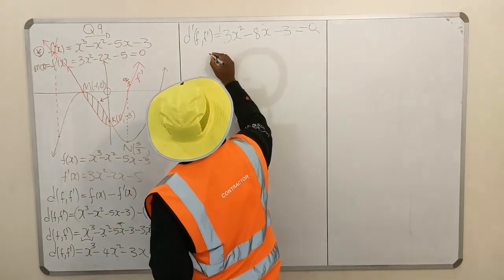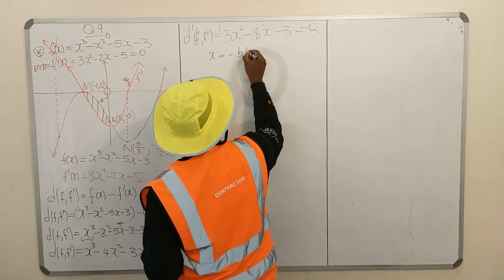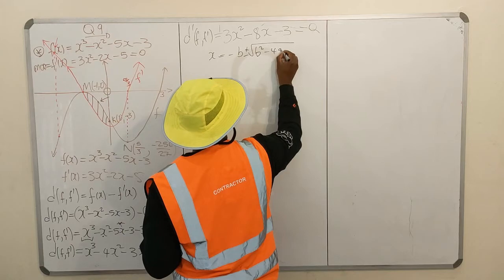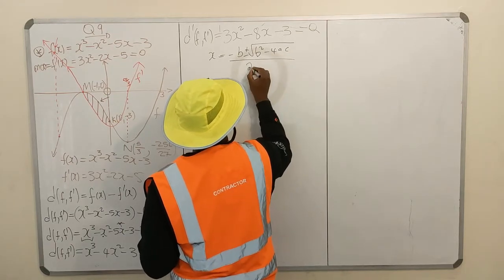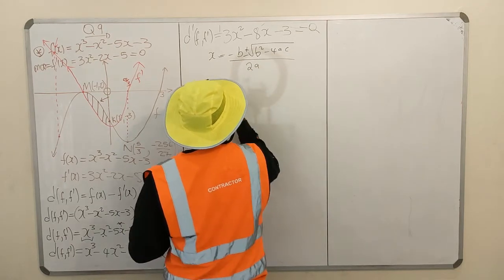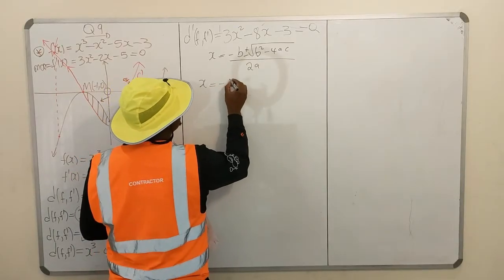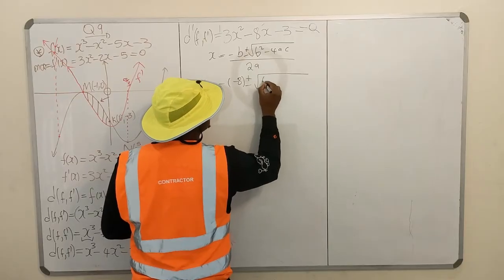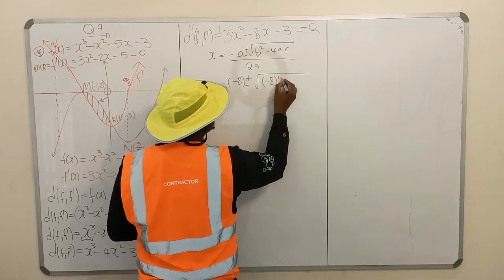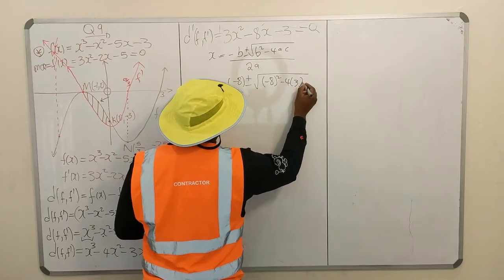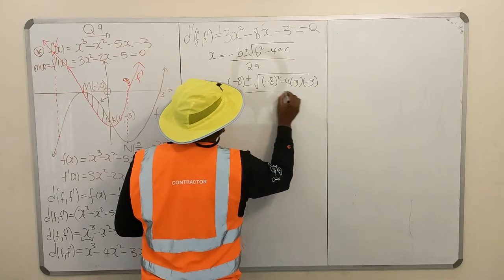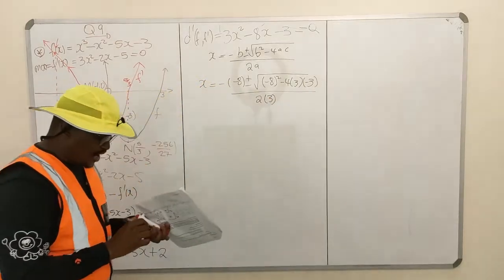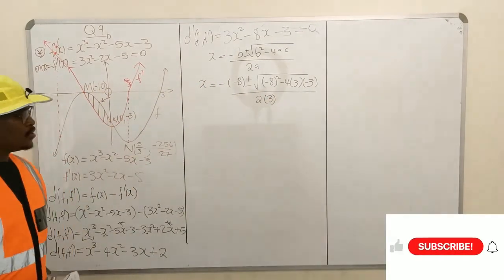So what do we do? x is equal to negative b plus or minus square root of b squared minus 4ac all over 2a. So x is equal to negative b, 8, plus or minus square root of 8 all squared minus 4 into a into c all over 2 into 3. So let's find our x values then. Punch that in a calculator.